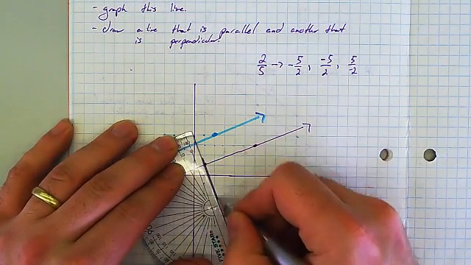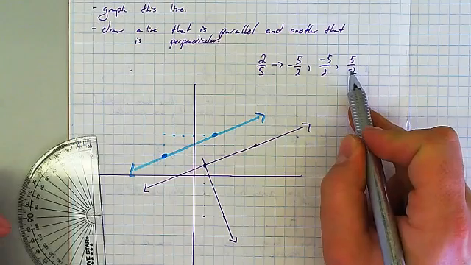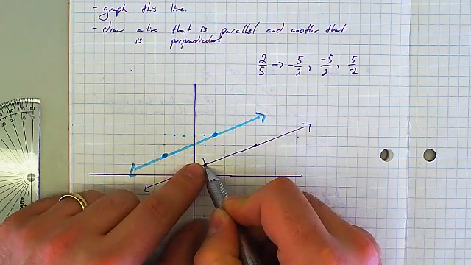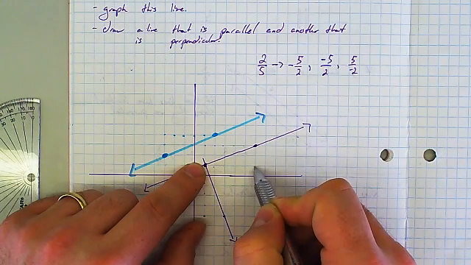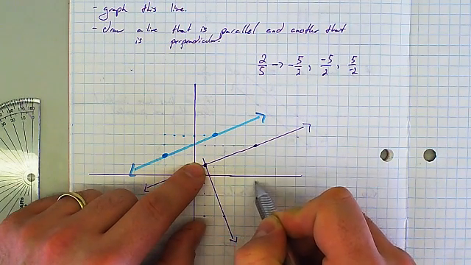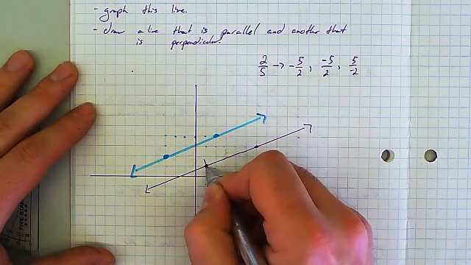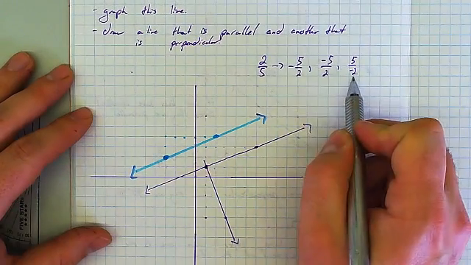If you had instead picked 5 over negative 2, again from 1 and 1, if I go to the right 5 and down 2, nope, rise, sorry, rise 5: 1, 2, 3, 4, 5, and my run is negative 2: 1, 2.